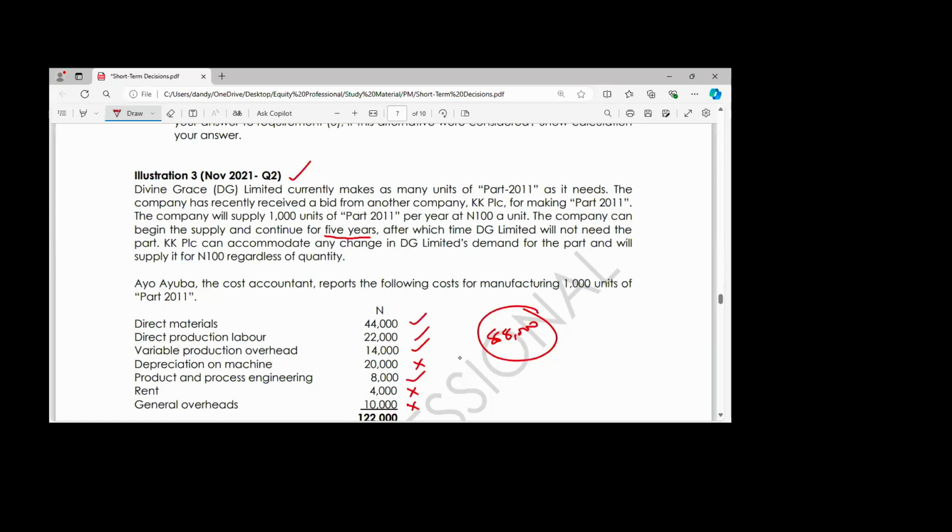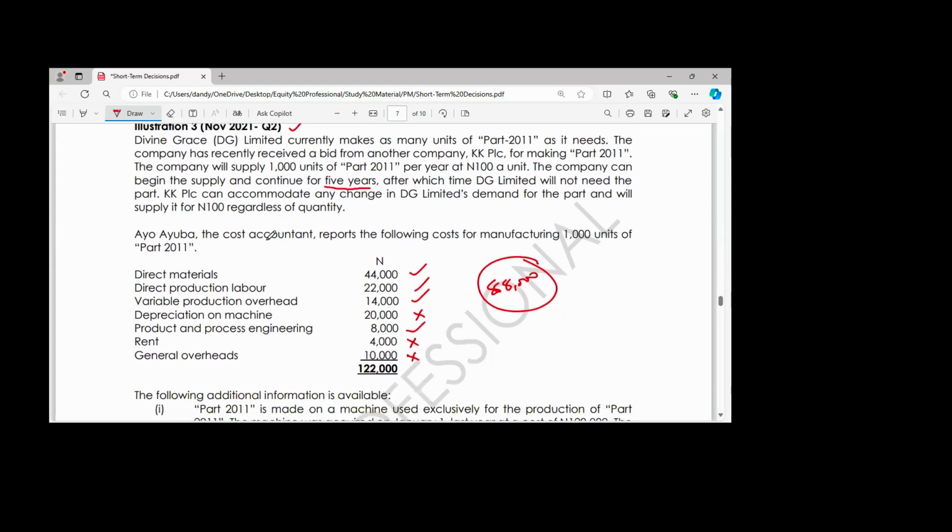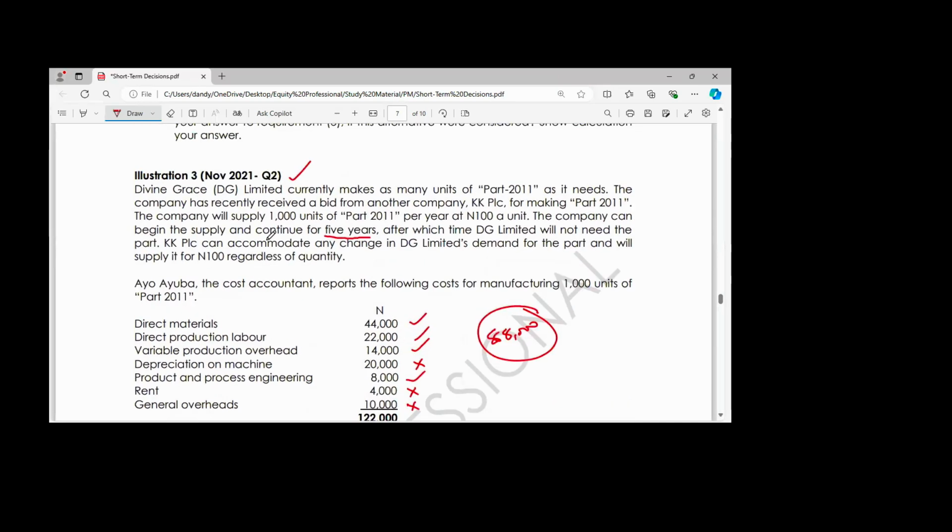Then I will do the same thing for outsourcing. If the company decides to outsource part 2011, the question says the company has recently received a bid from another company, KKPSC. This KKPSC is an outside supplier for making part 2011.